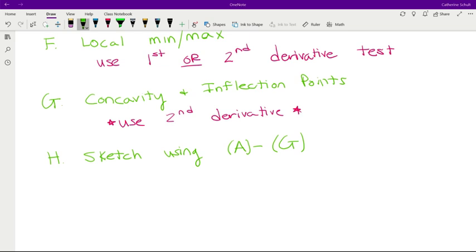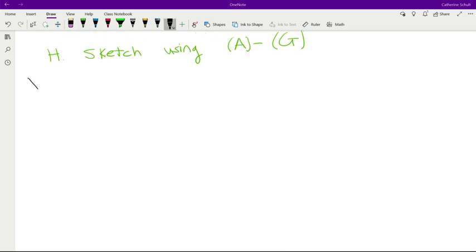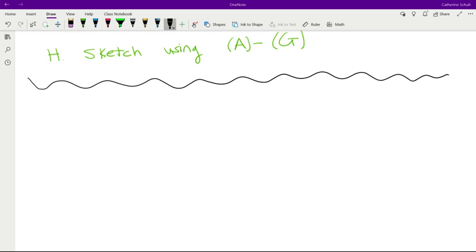Okay? So let's put all of these together. Let's try to sketch a crazy looking function. And we're going to follow those steps A through H. So the first step is figure out your domain.